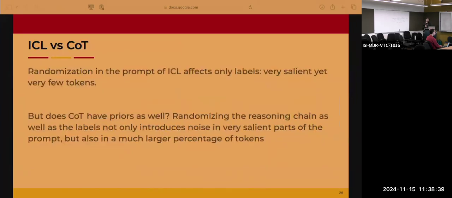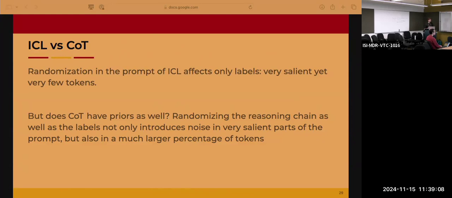And so far we've been talking about in-context learning and not chain of thought. So I want to mention here, perhaps as a caveat, that we are randomizing the labels in in-context learning. This is supposed to be a very salient point in the prompt, but it affects very few tokens because the examples are usually much longer than the labels themselves. So noise is injected in very few tokens of the prompt, even though, again, we can agree that it's a very salient point.